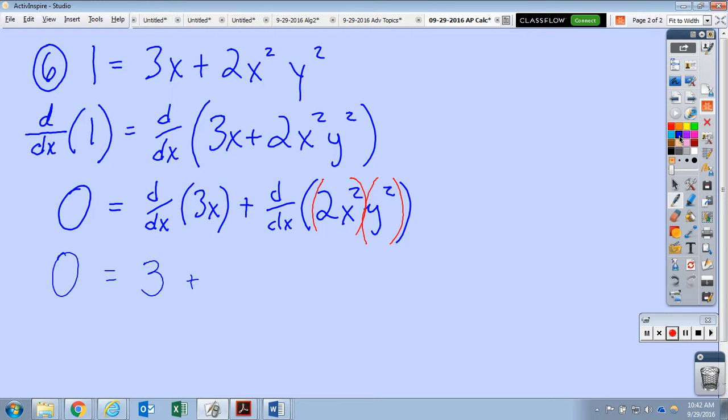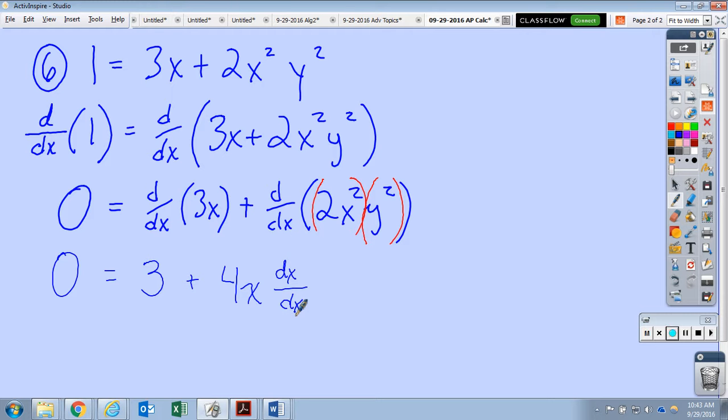So the product rule says derivative of the first, and now here's chain rule coming into play, to the front, so you'd have 4x, and then the derivative of the inside, dx/dx.